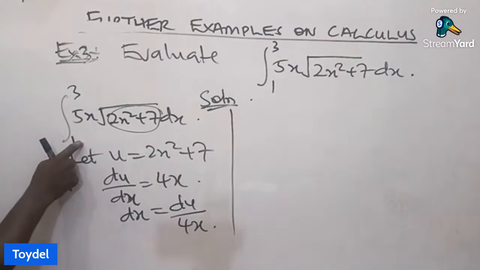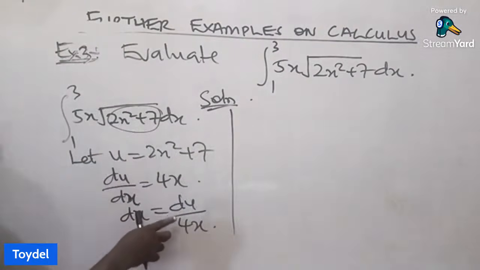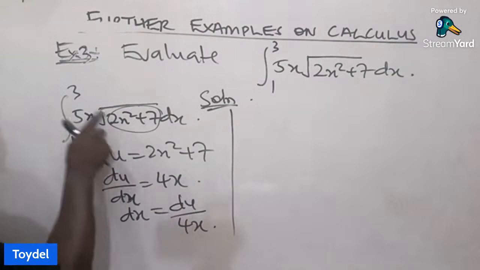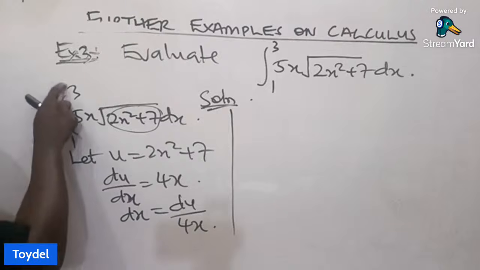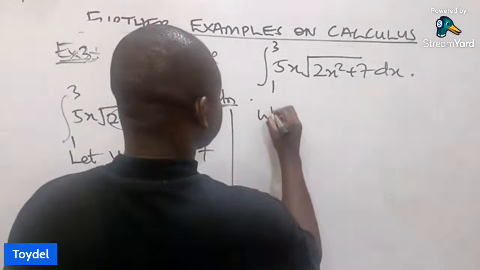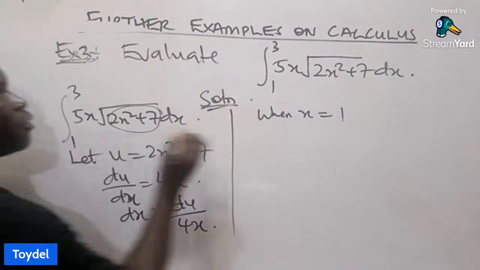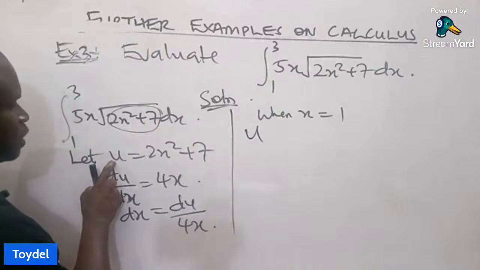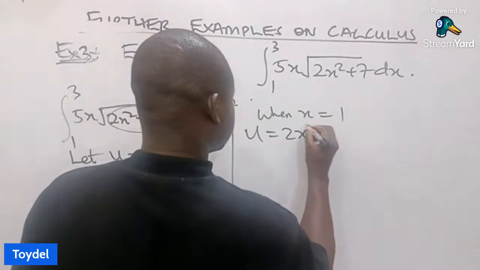These values 1 and 3 are values of x. But if we decide to rewrite everything in form of u, it is compulsory for us to find the value of the bounds in form of u. When x is equal to 1, this is the lower bound, what is the value of u? u is 2x squared plus 7.